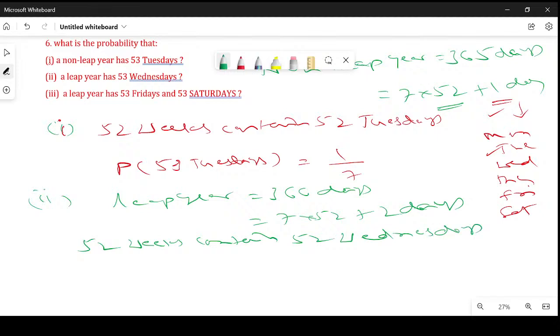Correct, 52 Wednesdays we will get. Now we want 53, so one day must come from the combination of the remaining 2 days.